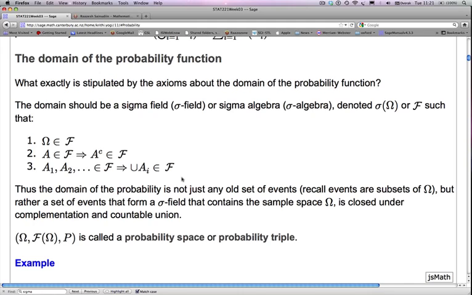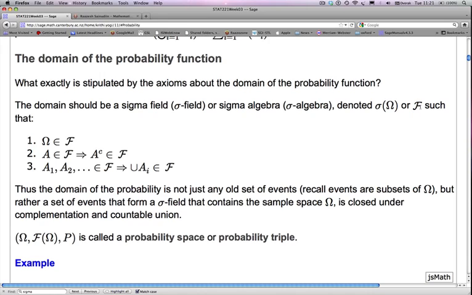So the domain should be a so-called sigma field or sigma algebra, and it's denoted by sigma of capital omega, sigma of the sample space, or just script F for the field.